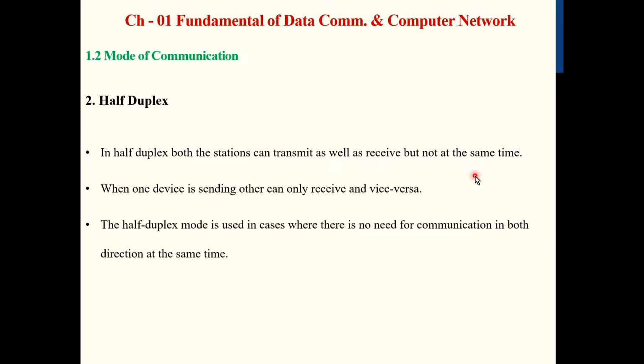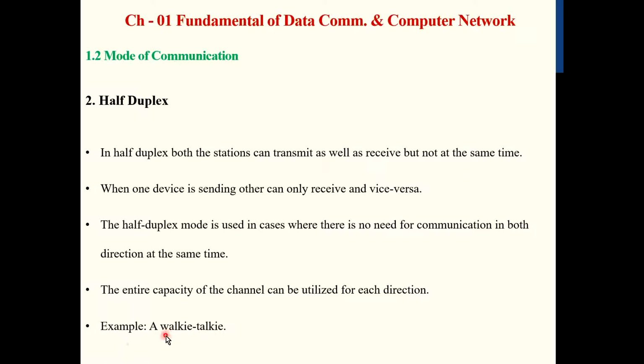Half duplex mode is used where there is no need for communication in both directions at the same time. The entire capacity of the channel can be utilized for each direction. Here bidirectional data communication is possible, but not at the same time.